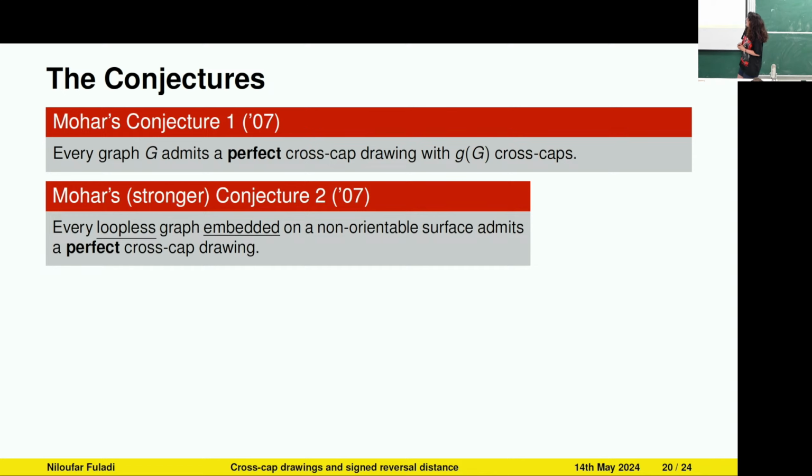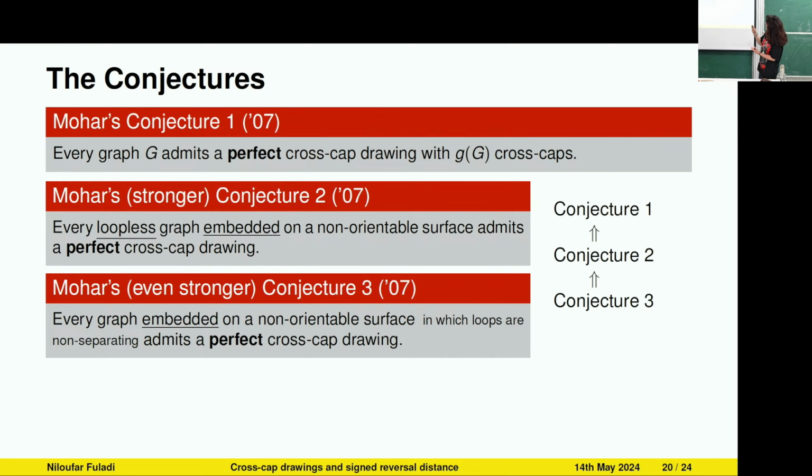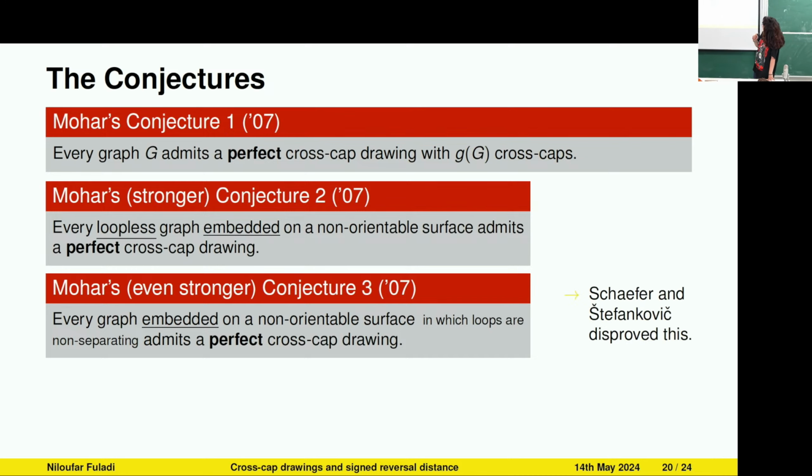In the second one, the graph is given with the embedding, and you want to see if you can draw it perfectly. And there is a third conjecture that is even stronger, in which he forbids the loops to be separating, and that's it. Obviously, conjecture 3 implies conjecture 2, and conjecture 2 implies conjecture 1. So it's pretty nice, but conjecture 2 is wrong.